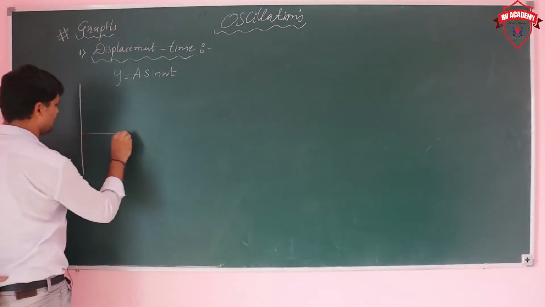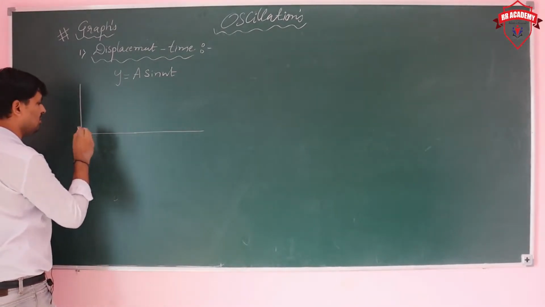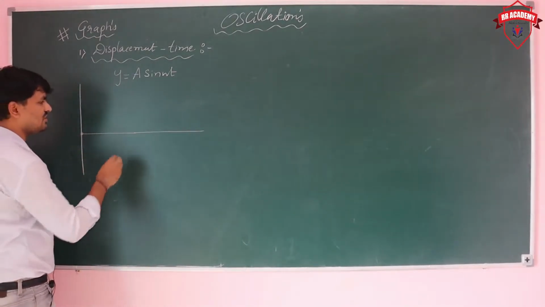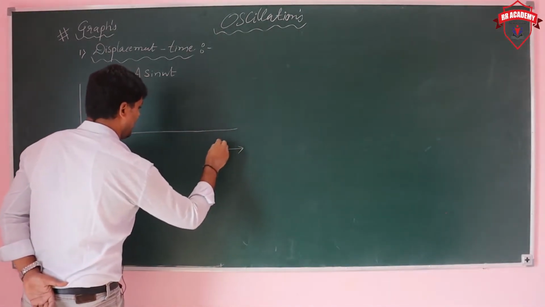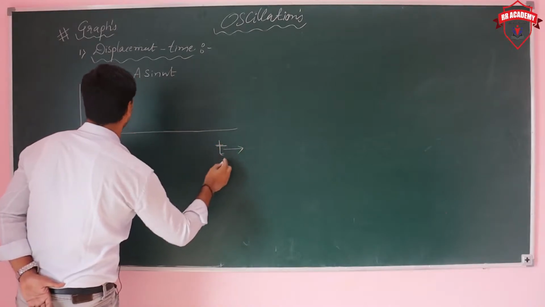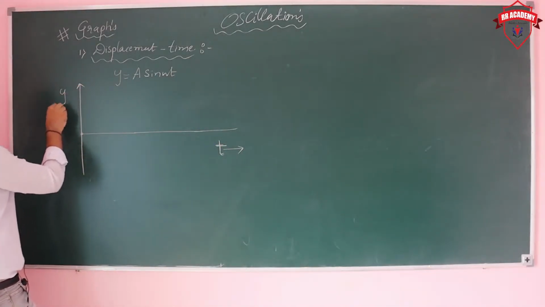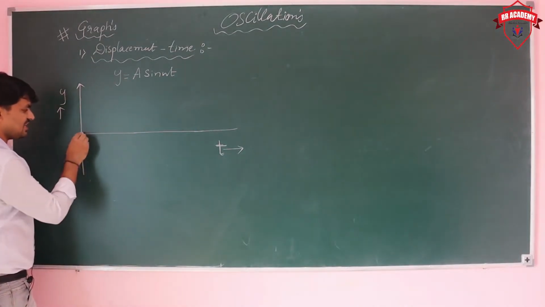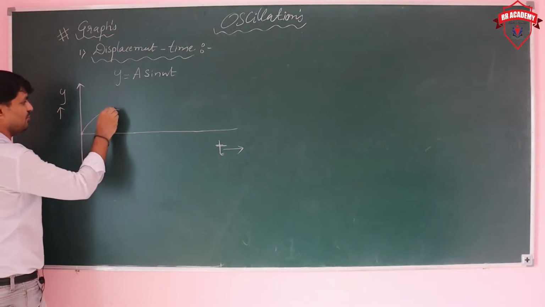The particle starts from origin. At origin, that is at mean position, it starts. I am taking time on the x-axis and displacement on the y-axis. Now the particle starts from mean position and goes like this to the maximum value. This is the extreme position.